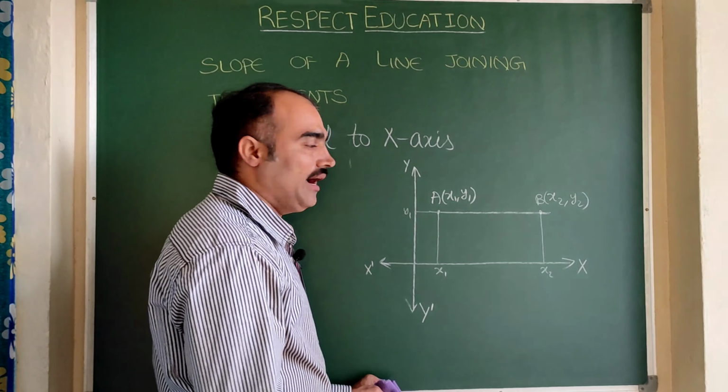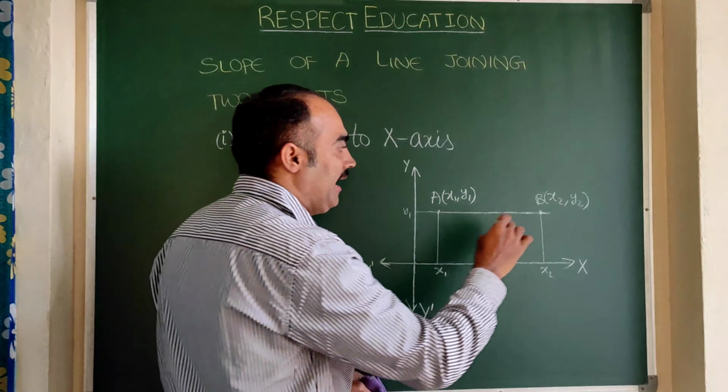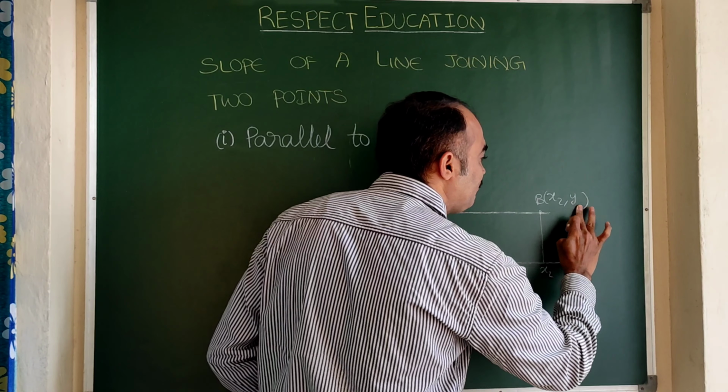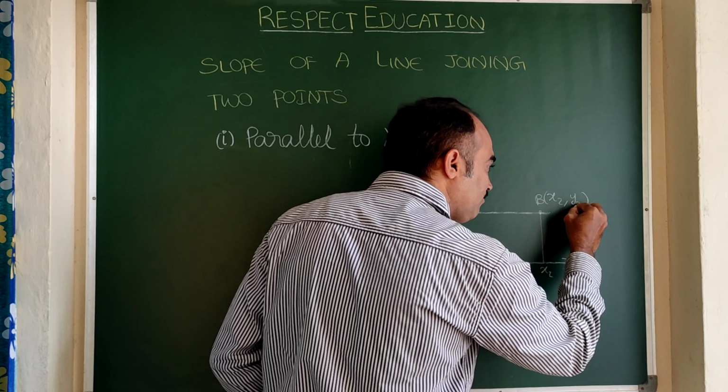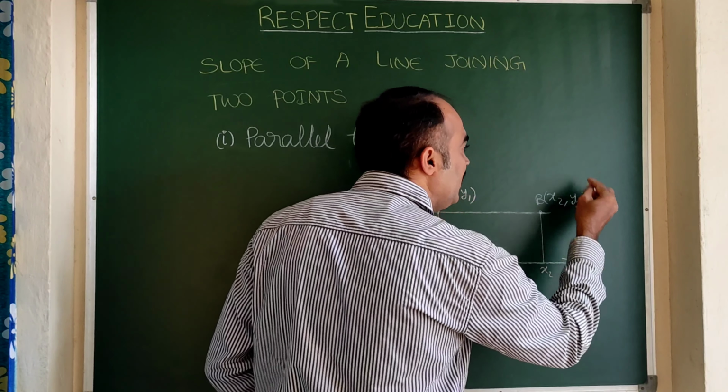Until and unless y1 and y2 both are equal, it is not possible. Is it clear? So here, let us change this y coordinate of this point B as y1 itself. Or if you write y2, here we can say that the case, here y1 equal to y2.